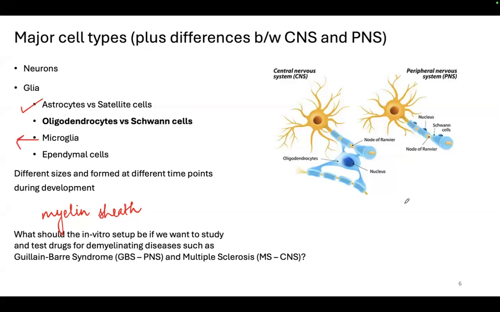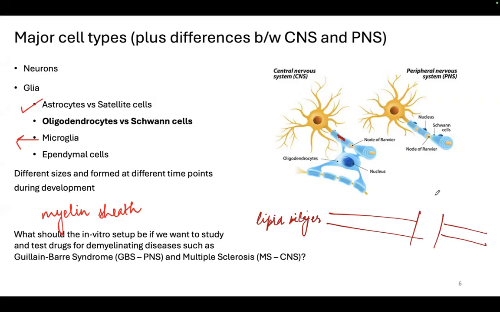Across the membrane of cells, like we talked about membrane proteins and membrane receptors, there are also proteins across the membrane which can control what goes in and what goes out. For example, if this is your lipid bilayer, and I'm just talking about one of these sides, you'll see some sort of pore in that membrane.